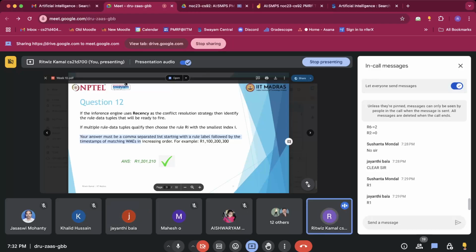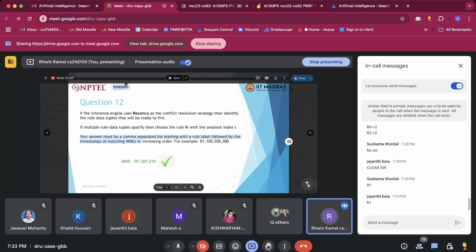No. Recency is applicable only for us to select one of the rule data tuples from the conflict set. It doesn't change what rule data tuple we are going to fire next. This is selected based on the ranking that we did, and in that ranking 210 came before 201.